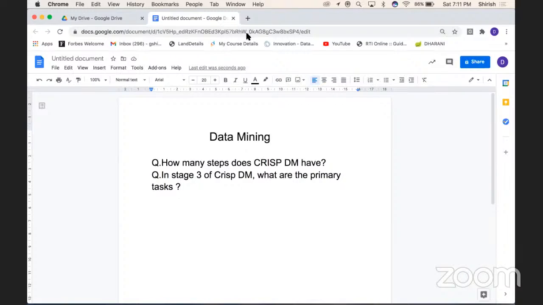So you have to do a kind of pre-processing, right? You have to do data cleansing, right? You start doing your exploratory data analysis. You have to do feature engineering, right?